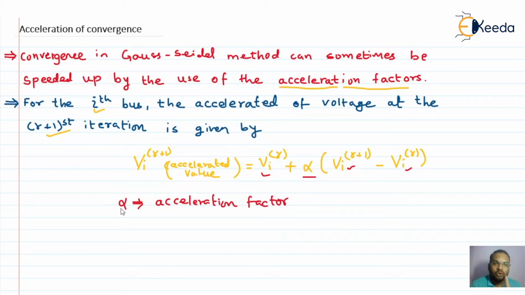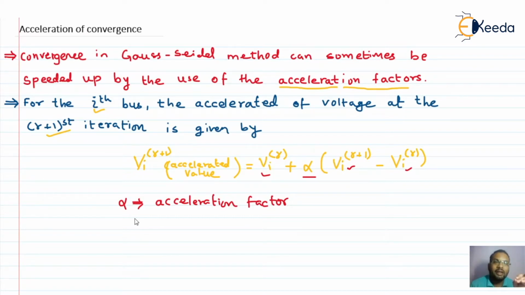If you don't choose the value of alpha properly, it may decrease the speed, or sometimes it may diverge your process. So the choice of the value of this acceleration factor is quite important, and it is calculated with the help of the trial load flow method.